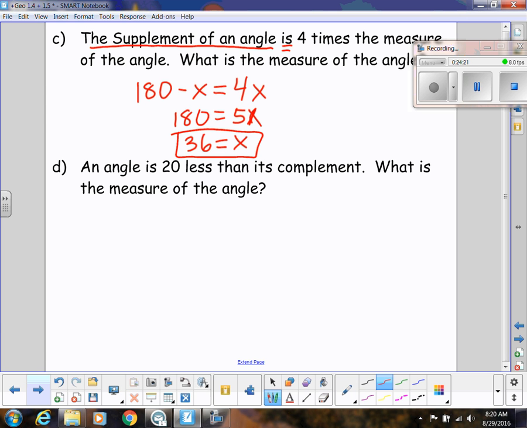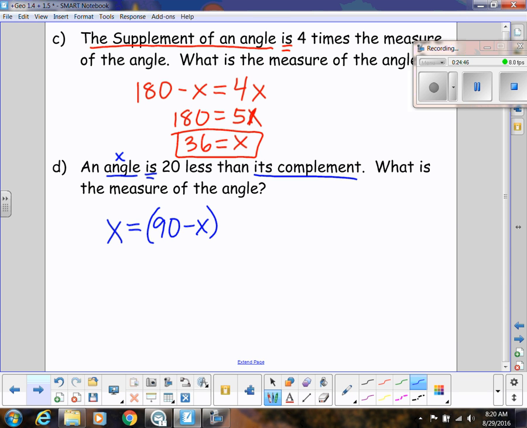All right, so then in this problem, an angle is, remember when you see angle, use x. Is means equal, so an angle is 20 less than, so we're going to take away 20 from its complement. So when I see its complement, then I know I'm doing 90 minus x.